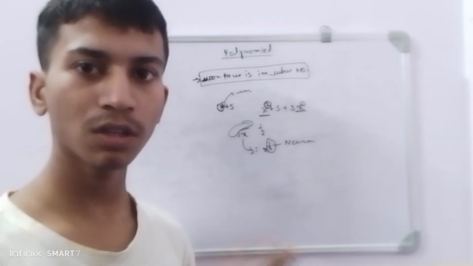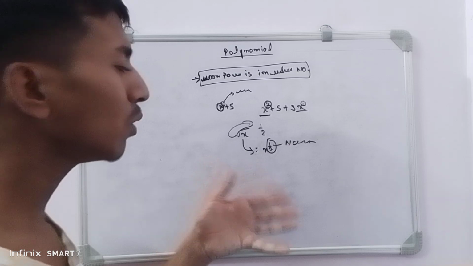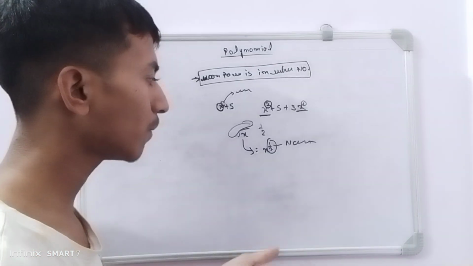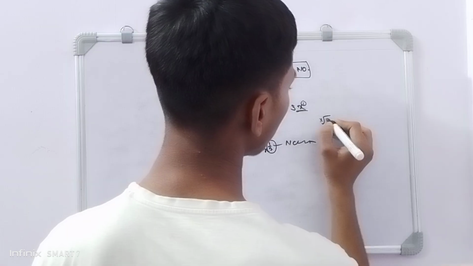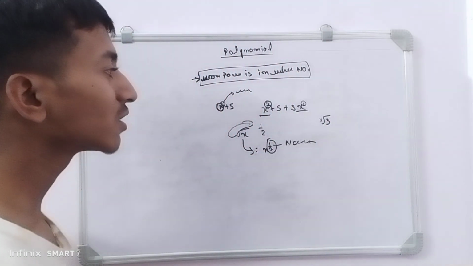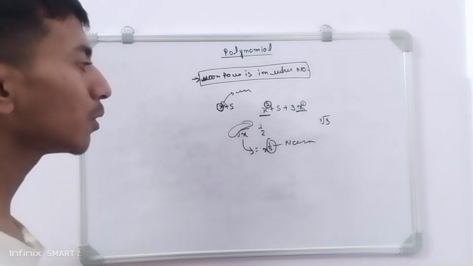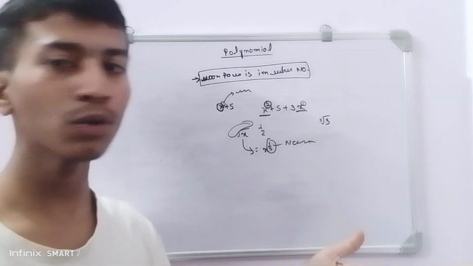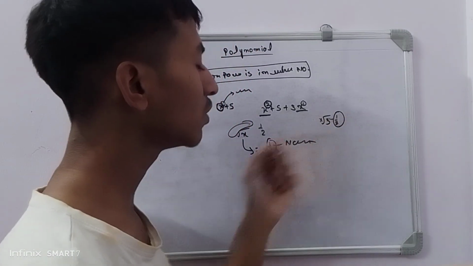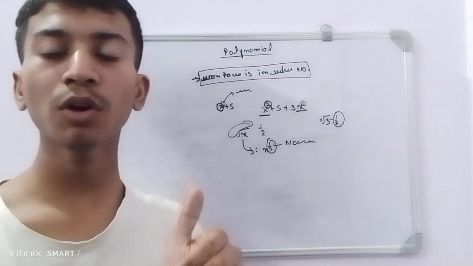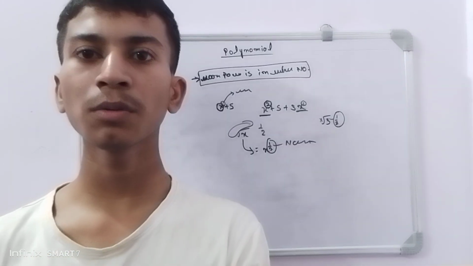I think you got this concept, and when you understand, I am going to check you with a problem. Let's suppose x root 3. Someone says that it is not a polynomial, because they get confused and think the power is 1 by 2, which is not a whole number. But what I am saying is that the variable power should be a whole number.